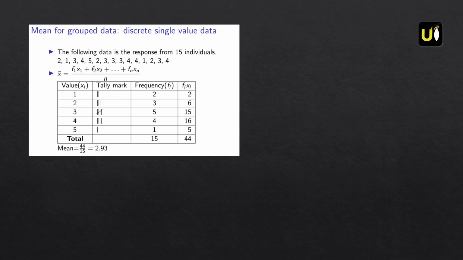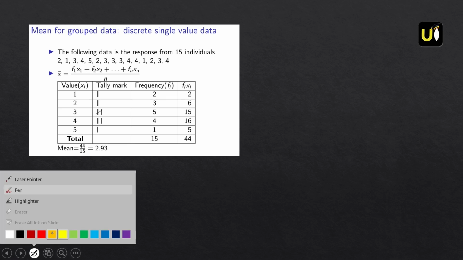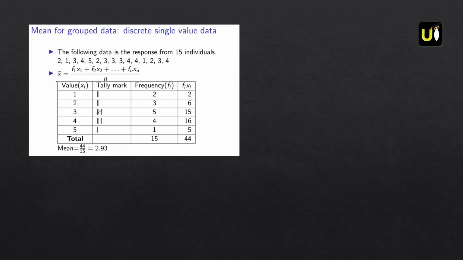All right, so now we have an example here, mean for grouped data, discrete single value data. So here is the data given. We have 15 individuals' responses. Here x bar is denoted as the sample mean. So here we have the formula f1 x1 plus f2 x2 plus up to fn xn upon small n.